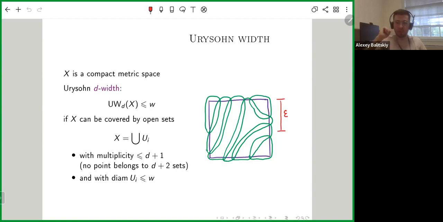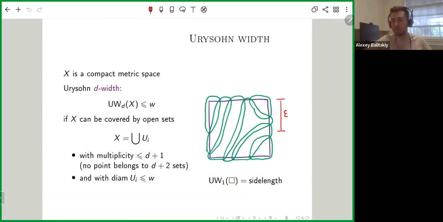Strictly speaking, in this slide, you can see the definition that the D-dimensional width is at most W if we can cover our metric space with open sets such that the diameters are bounded by W, and the multiplicity is at most D plus 1, as before. I don't have a parameter epsilon going to 0. I just say that the infimal W for which I can manage to do this will be called the Urysohn width.